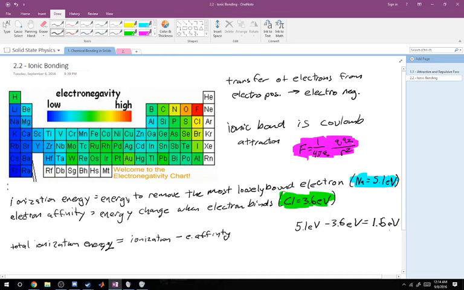So that is the energy that is basically required. This 1.5, let's write it neater. We got this. 1.5, well, whatever, is the total ionization energy.